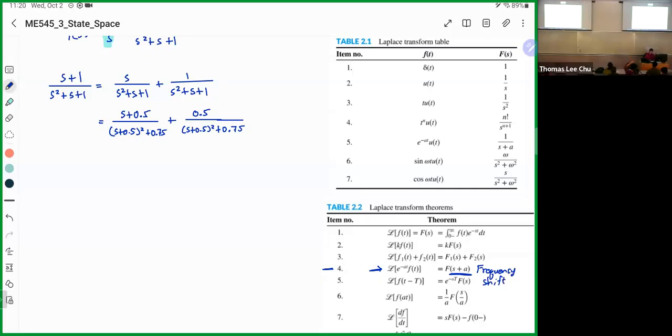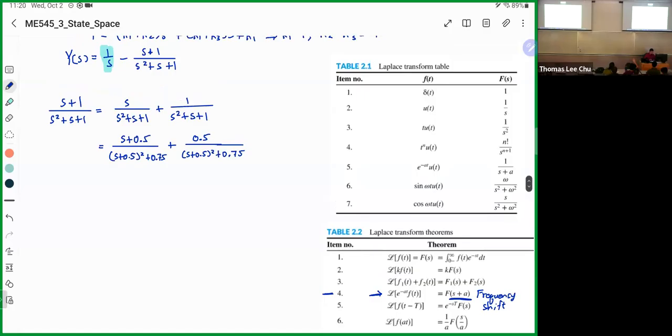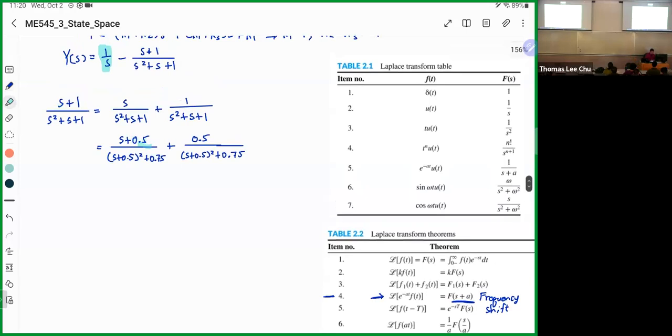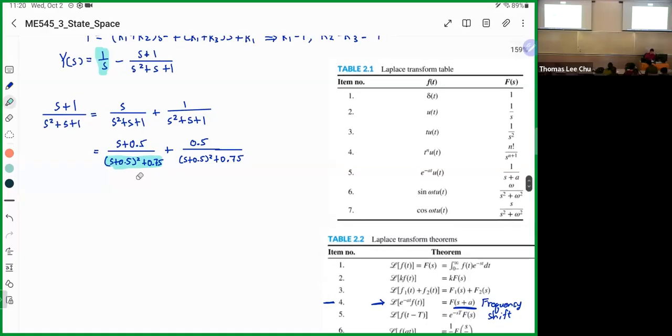In the example video, you did the frequency shift, you mentioned it, but I wasn't sure if it's because on the numerator of the first term it has the s plus a, or if it's because in the denominator there's that squared s plus a. So yeah, to find it, you actually have to do this frequency shift in the denominator first, then based off of that, you apply that to the numerator.